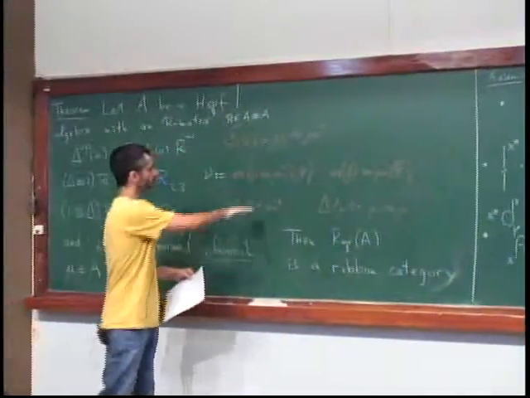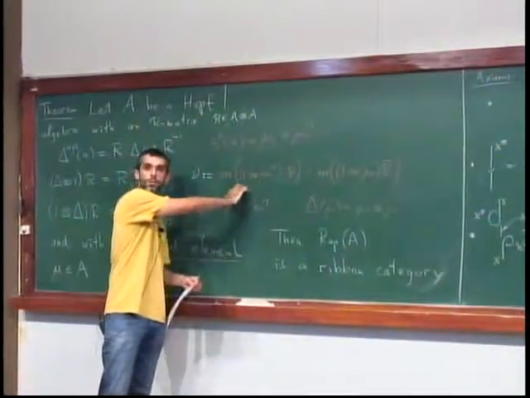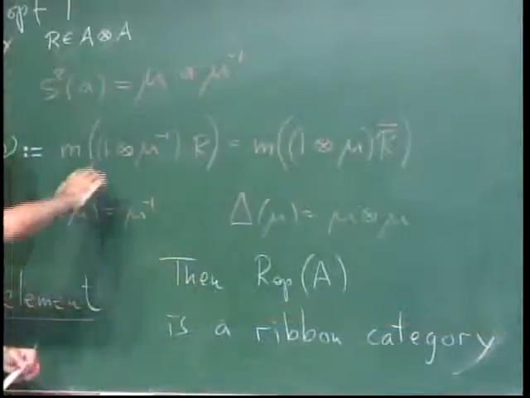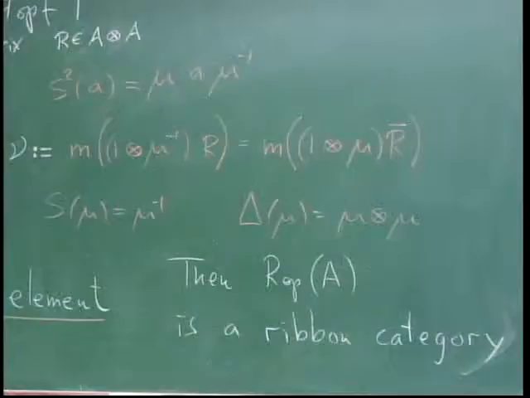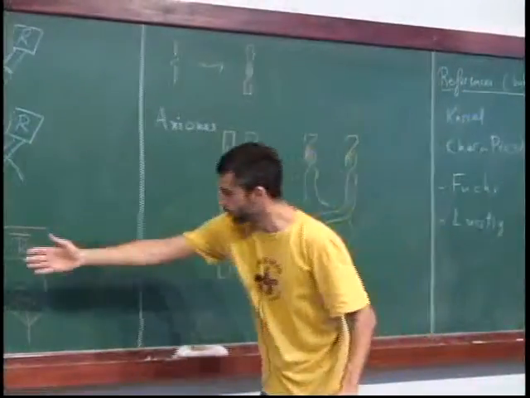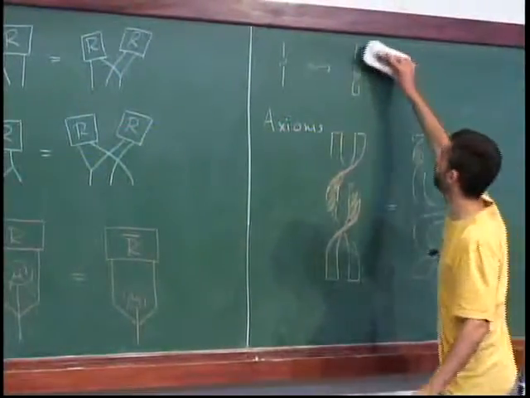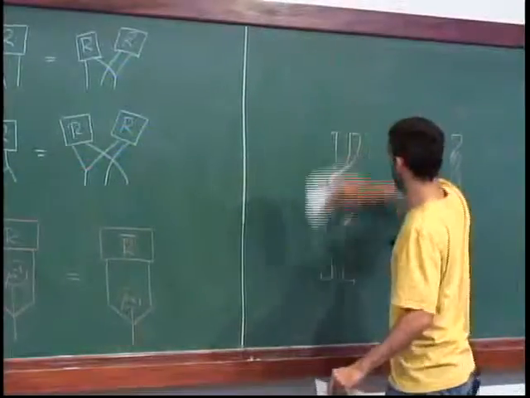Okay, so let me tell you why you might want to put this axiom. There's a very good reason, in terms of these kinds of pictures, why this axiom is a reasonable thing to impose.